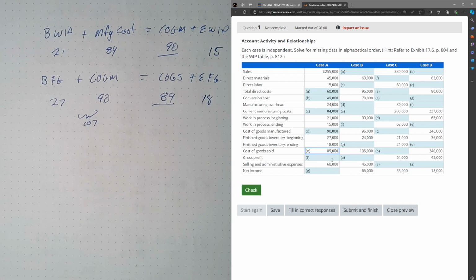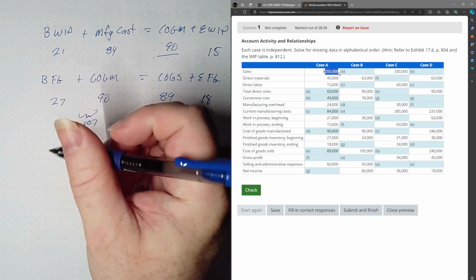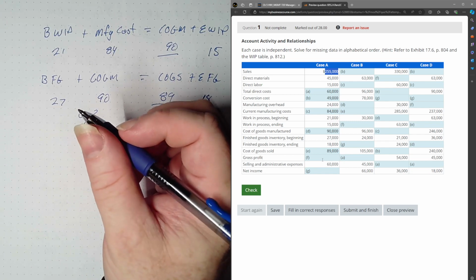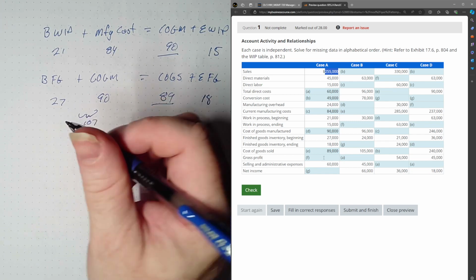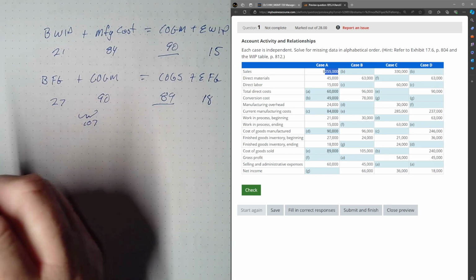Gross profit. So we take sales of 255,000. Remember how we get there. It is sales minus cost of goods sold equals gross profit. So 255 minus 80. Oh, darn it. 255,000 minus 89,000 equals 166.